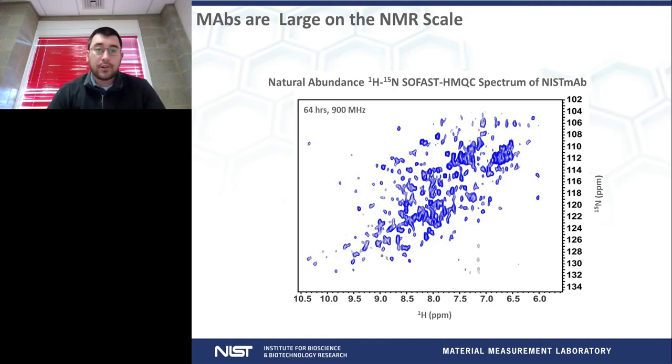So why is NMR spectroscopy useful with respect to protein therapeutics? Well, NMR is unique in that we can get very, very specific information with respect to individual atoms along with individual amino acids in the protein and how they're interacting with each other.